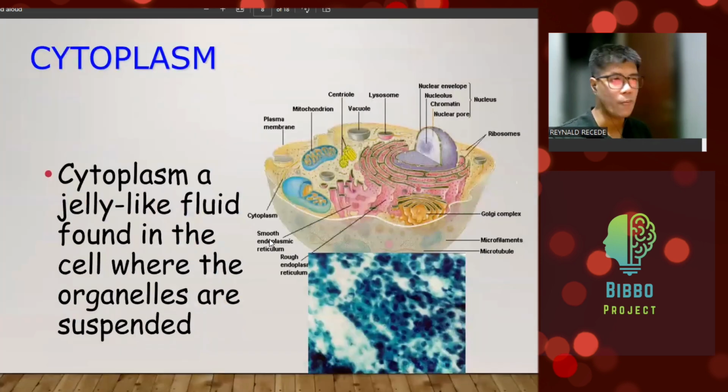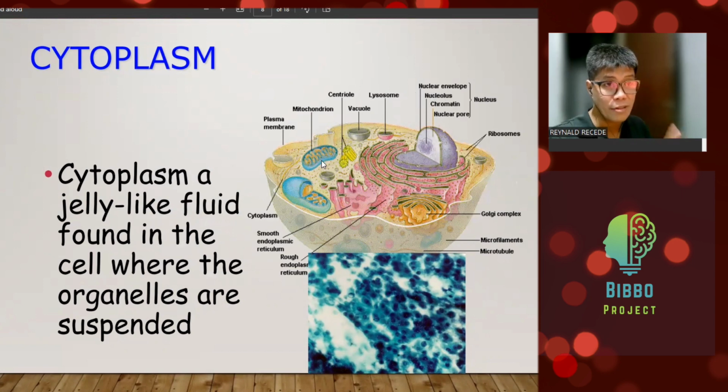Next is the cytoplasm. Some say, just like what's stated here, it's the jelly-like fluid found in the cell where the organelles are suspended. So, nakikita natin itong structure na to. Lahat ng area na yan, sa loob ng cell, kung saan nakasuspend o nakalubog o nakalutang yung mga organelles, that is what you call the cytoplasm.